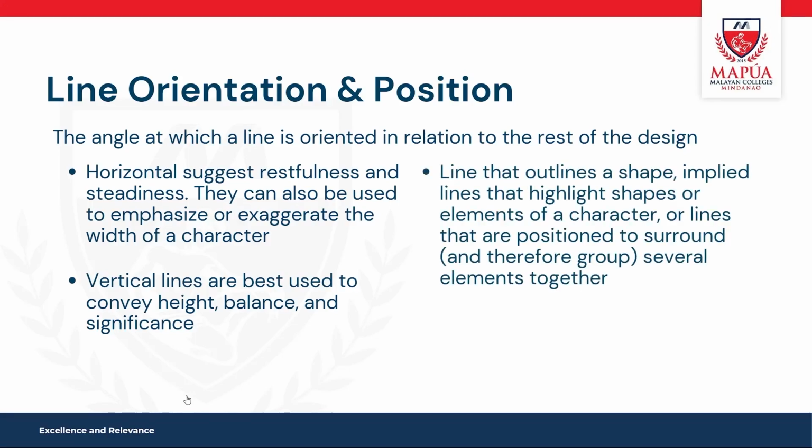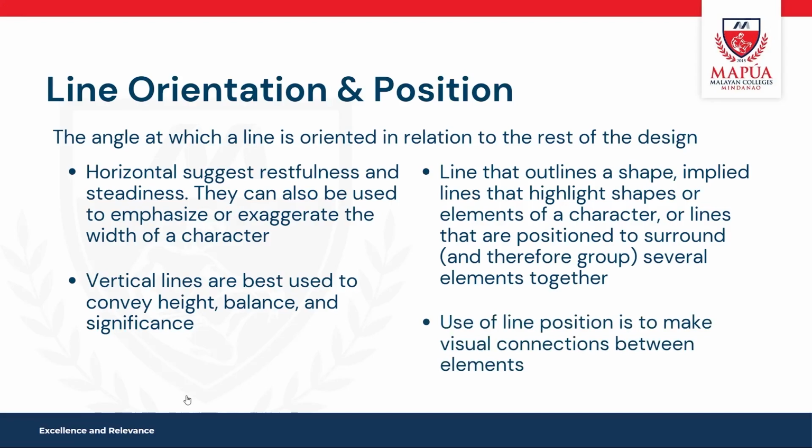Now for line position, these are lines that outline a shape, that imply lines such as highlight certain edges or certain curves, and therefore also grouping certain elements together. So the main idea of line position is that it creates a visual connection.